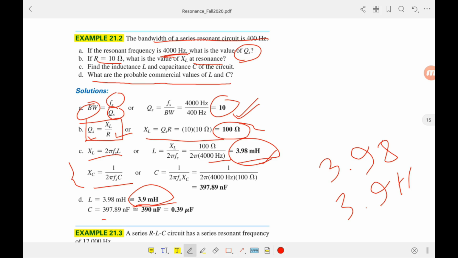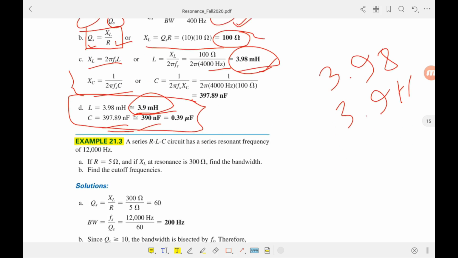Similarly, for the second one, 397.89, the close value is 390 nanofarad. That's why you can use 390 nanofarad. So don't bother much about this last one.